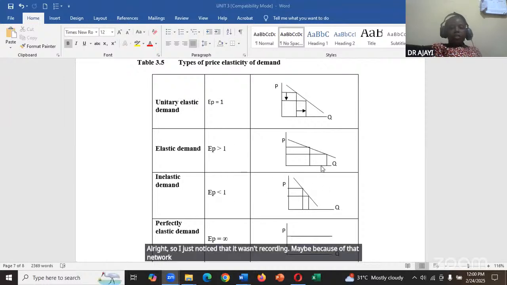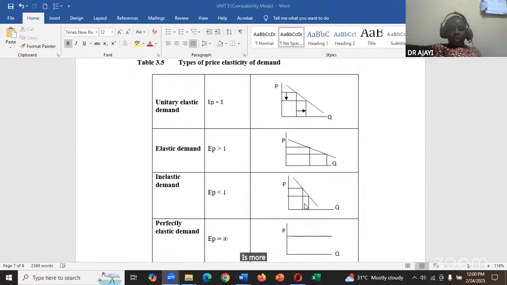So a steeper demand curve will tell you that if you have it coming down, then you see the vertical distance in the price change is more than the horizontal distance in the quantity change.